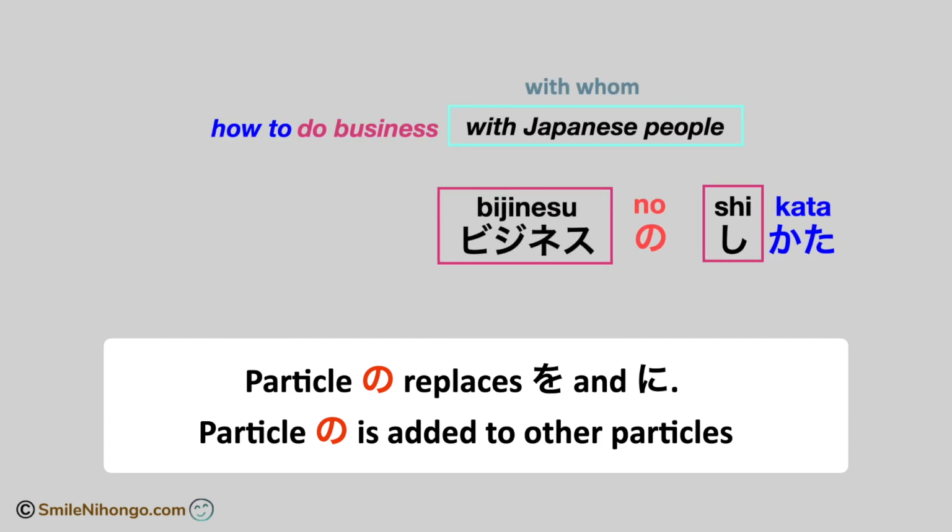Take a look at this phrase now. How to do business with Japanese people. When you do something together with someone, you need to mark the person or people with the particle と. So, with Japanese people is 日本人と. Now we want to say how to do business with Japanese people. Since we have the particle と here, which is not o or ni, we cannot drop it.